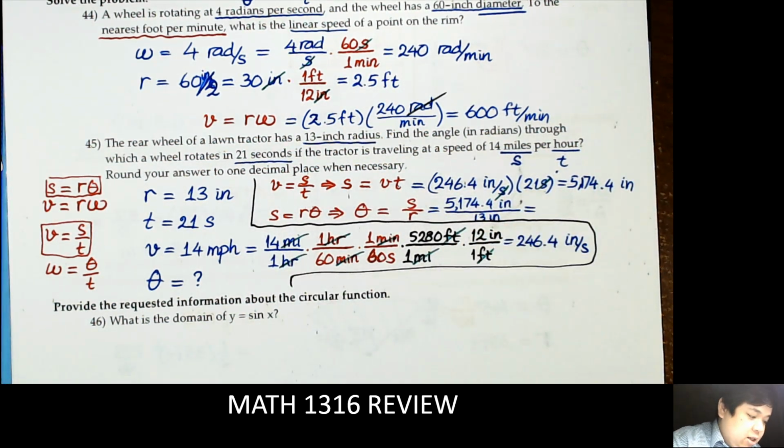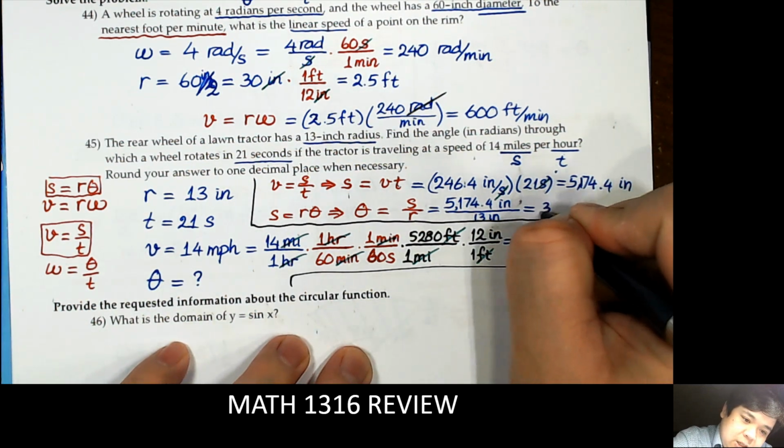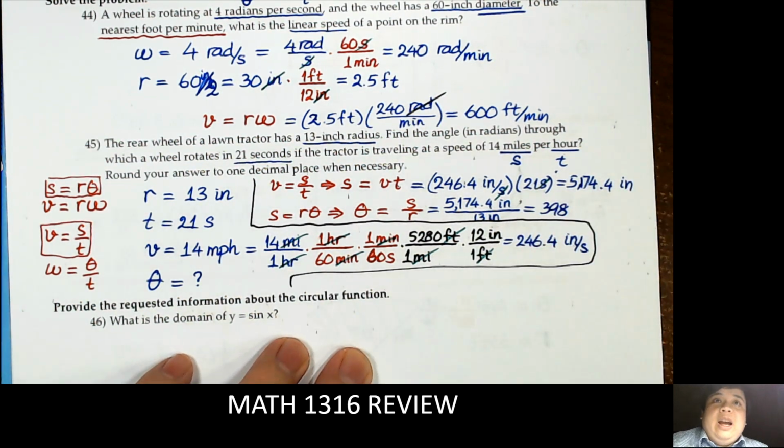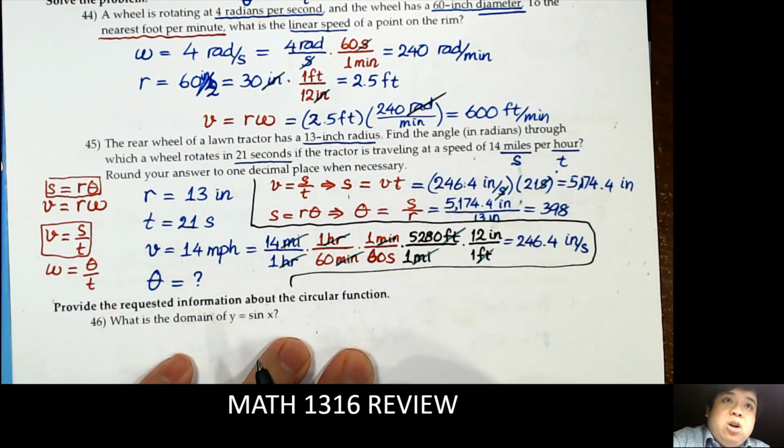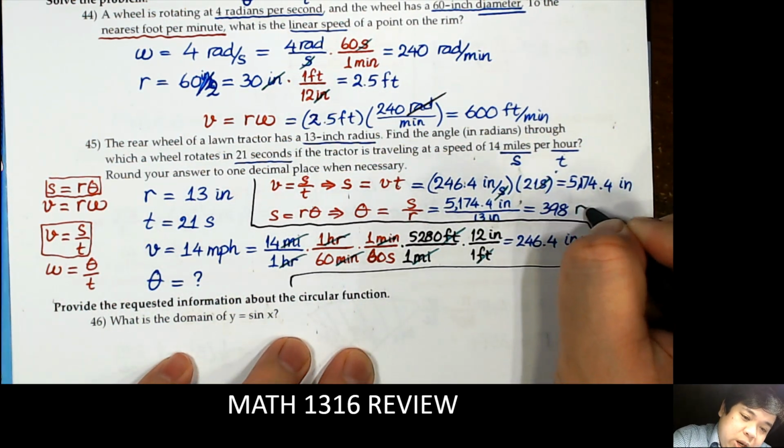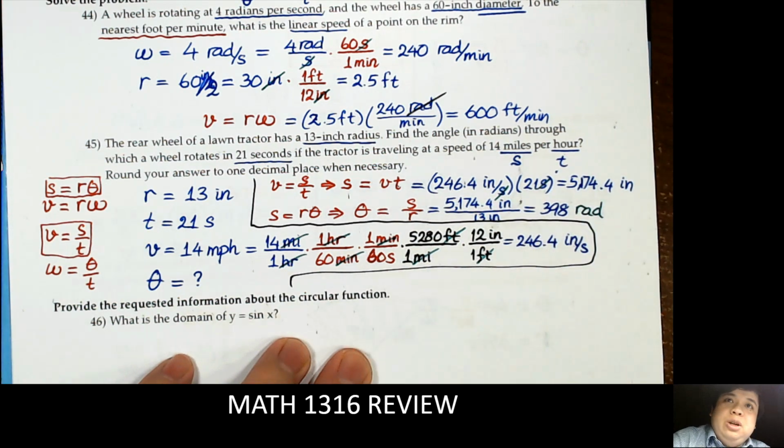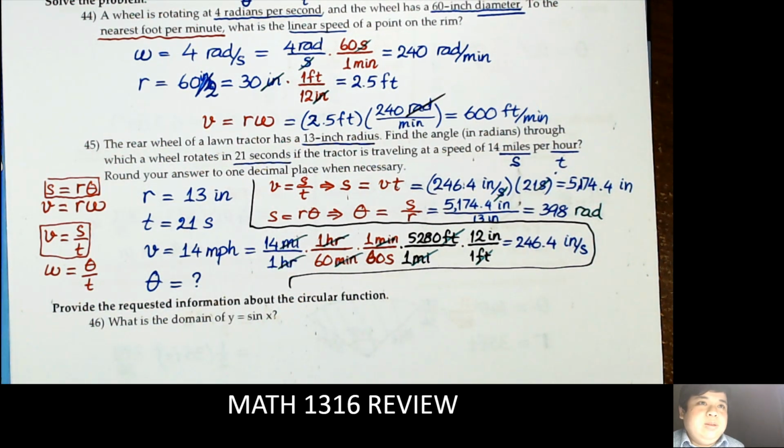So we divide that by 13 and we have 398. This is the measure of an angle, so we can use the radian as a unit. Just add the radian into it. Right, so that is 45.